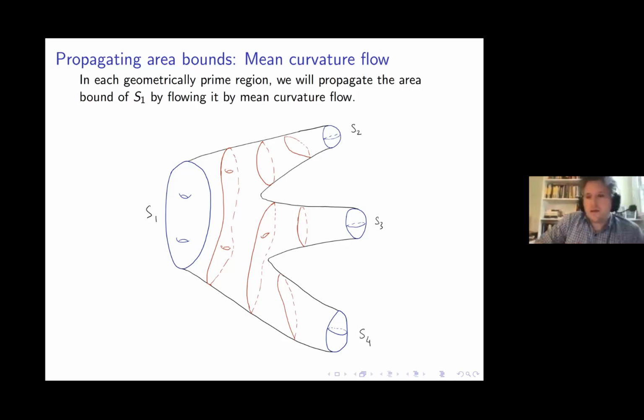So there is a theory that does this for us, which is the mean curvature flow with surgeries.